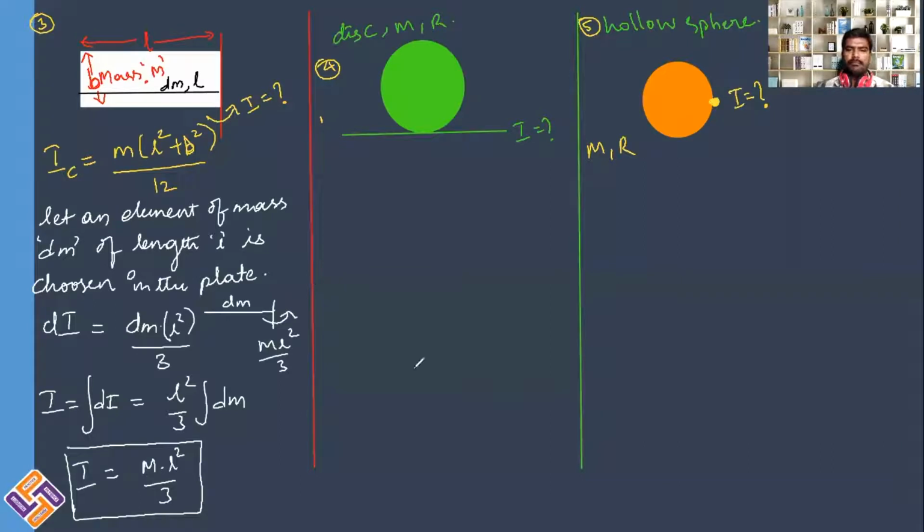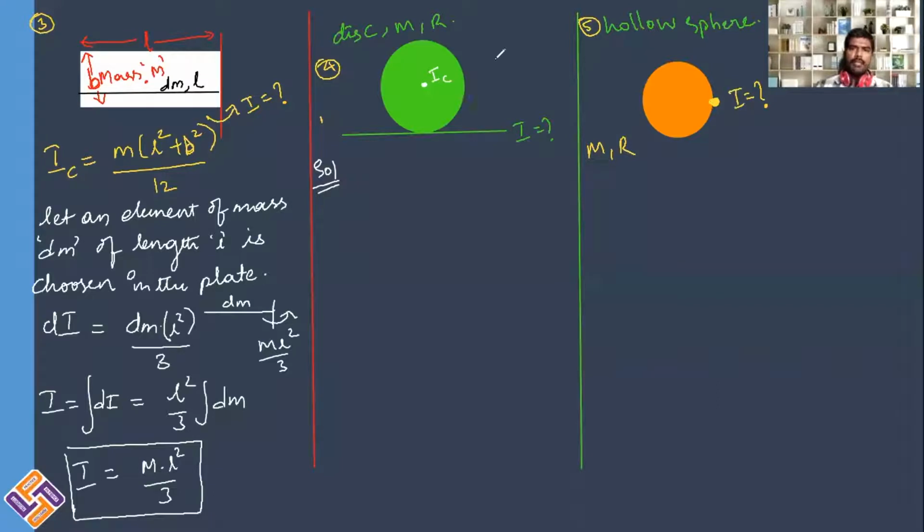That's number 3. Now coming to number 4, this is a disk of mass m and radius r. I want to now calculate the moment of inertia with respect to the axis which is tangential to this. Now we know the moment of inertia with respect to this axis perpendicular to the plane, the axis about the center.